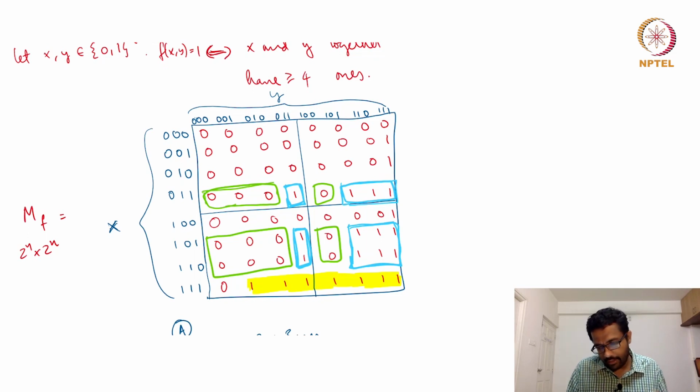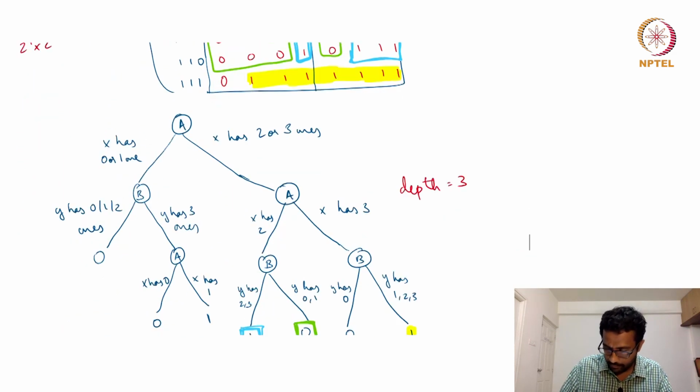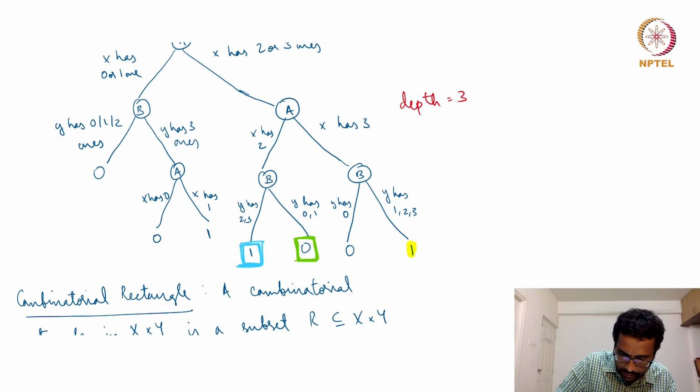So the 4th, 6th and 7th rows and the 1st, 2nd, 3rd and 5th columns of the matrix. So this is exactly marked with the green color. Similarly, this yellow highlighted rightmost leaf happens when Alice has 3 ones and Bob has 1, 2 or 3 ones.